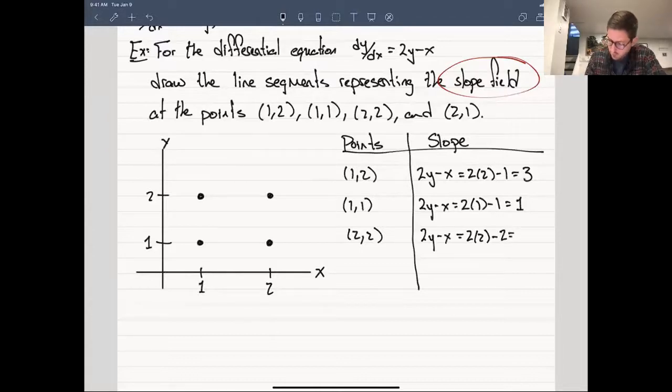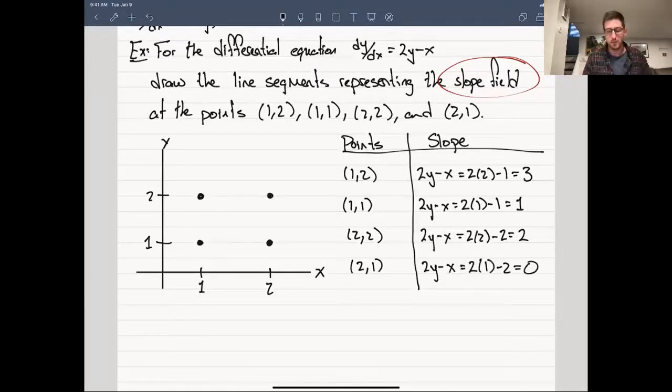So you're getting a positive slope of 2. And finally, (2, 1): 2y minus x is 2 times 1 minus 2, which is equal to 0.